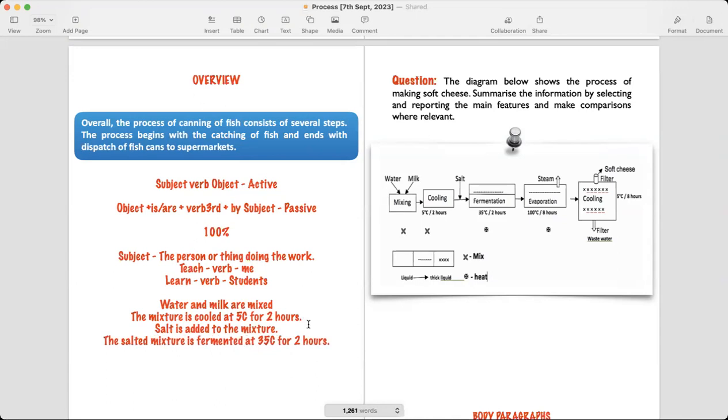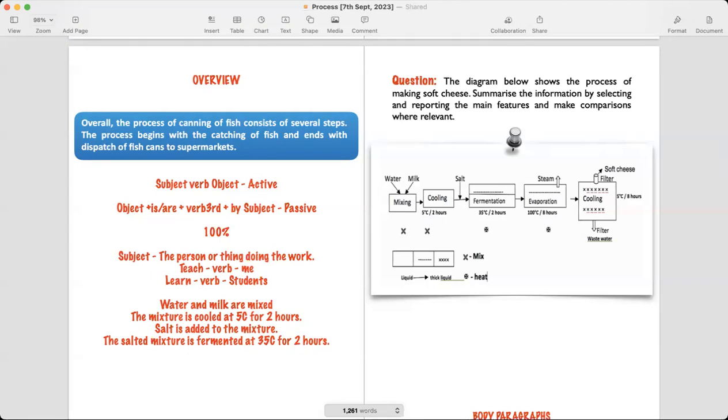Good. Okay, next. Okay, Jasmine, go ahead. What's happening after this? Sir, the salted mixture is evaporated at 1 degree Celsius for 8 hours. Yes.